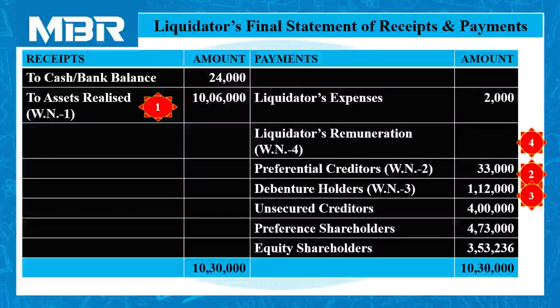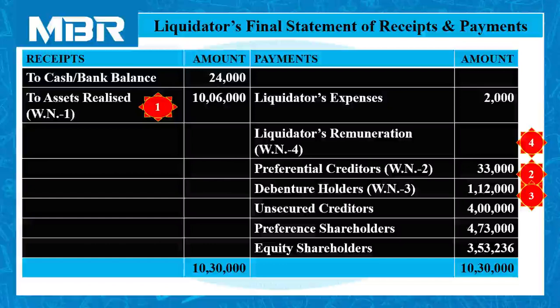So at present, it is very difficult for us to calculate the liquidator's remuneration. That is why I have not inserted any figure over here, just for the purpose of your learning. So just keep the liquidator's remuneration as it is. We will calculate the remuneration to the liquidator at a later stage.